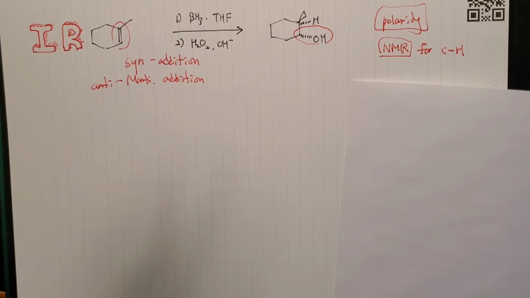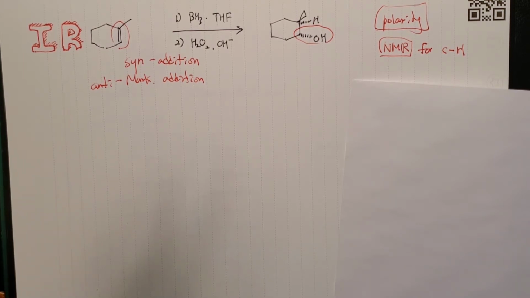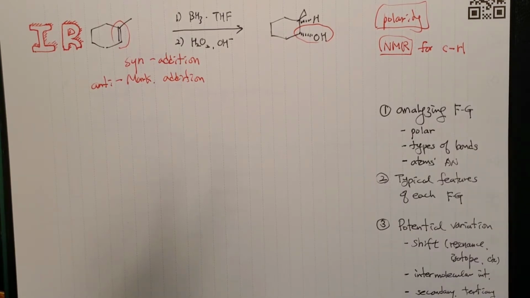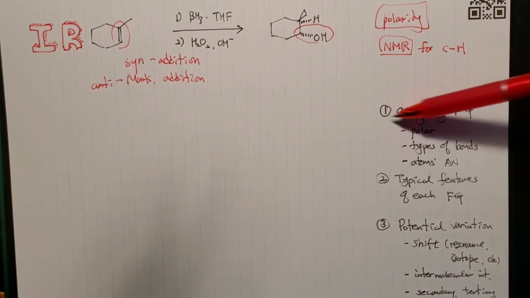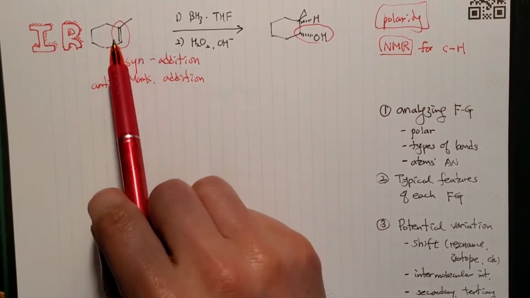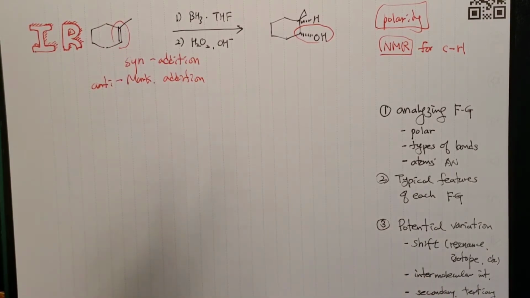Anyway, if you decide to use IR, then what's the technique it's taking for you to get good elucidation of the structure? Well, here I listed some. First, you have to analyze the functional group like we did, you know, double bond changing to the OH.